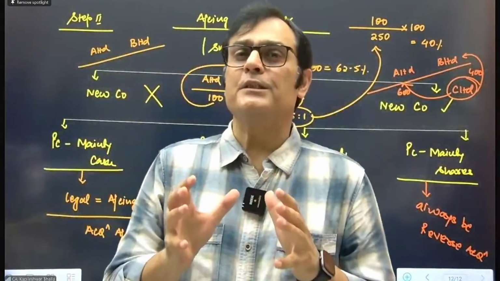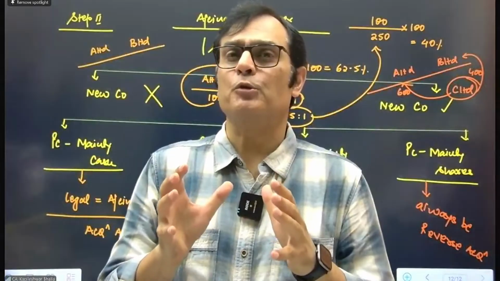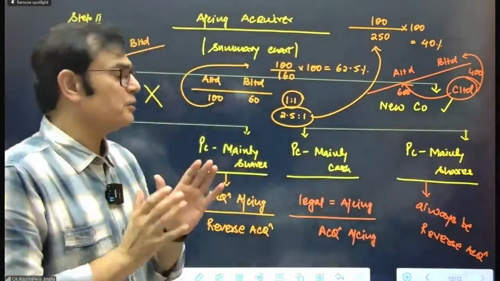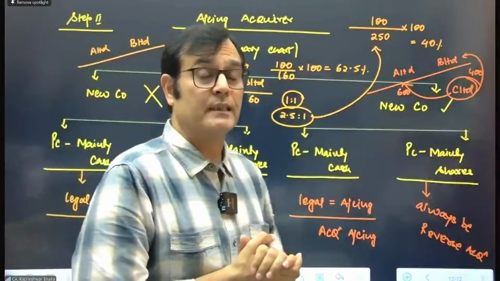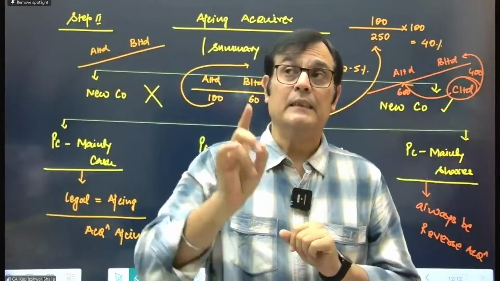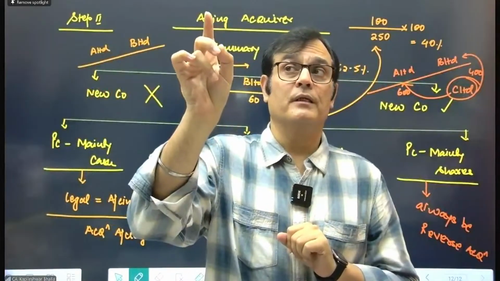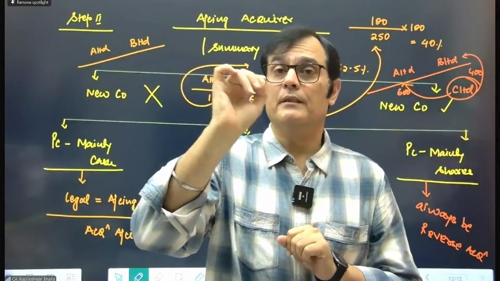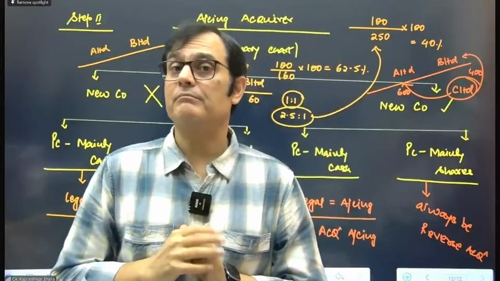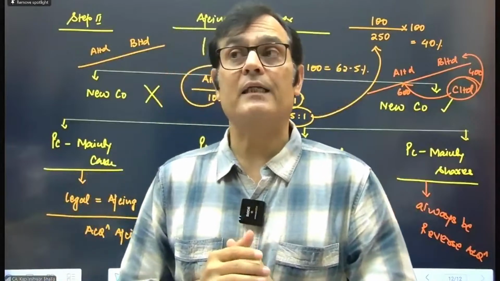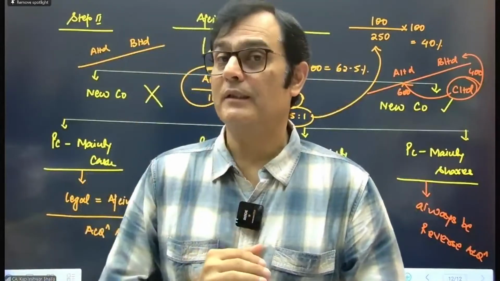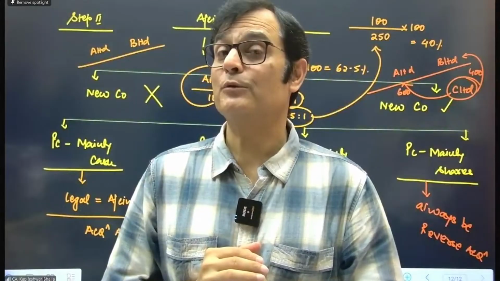So that takes care of step number 2, where I've given you the permutation combinations, and this is the most crucial step. Let me remind you once again, when you focus on the question, first decide related or unrelated. If it is related, generally appendix C applies, and if it is unrelated, it depends. It could be acquisition accounting or reverse acquisition.